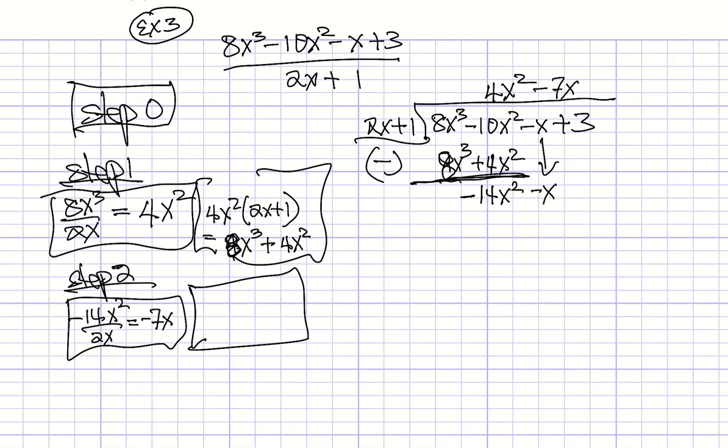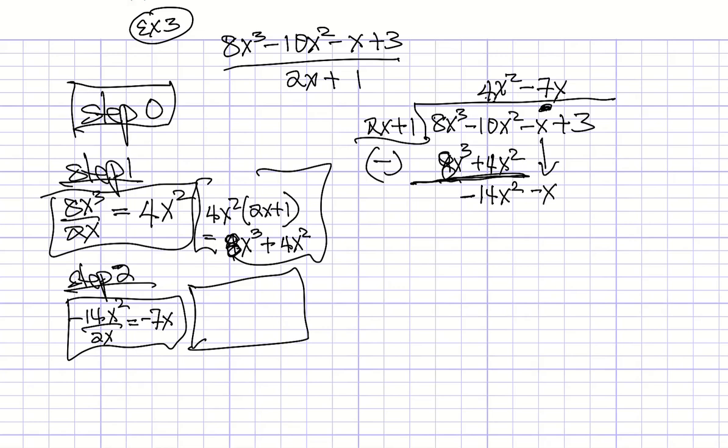It should be directly opposite this one here, so let me clean that up. What was that I got before? 4x squared. And then this guy comes closer. I don't want to misalign stuff. It's going to be negative 7x, okay?